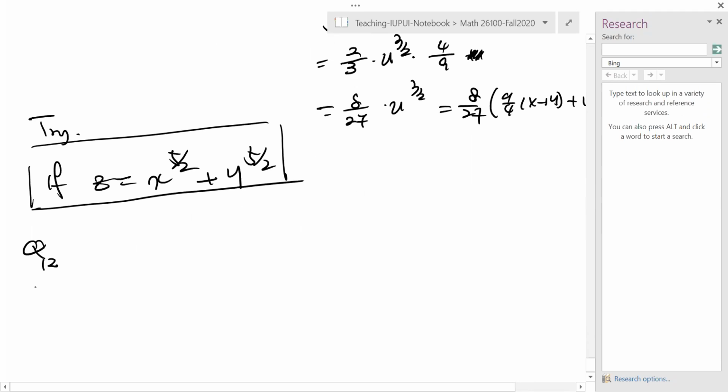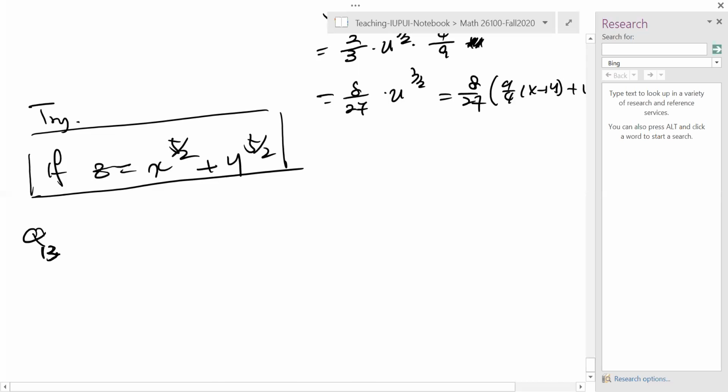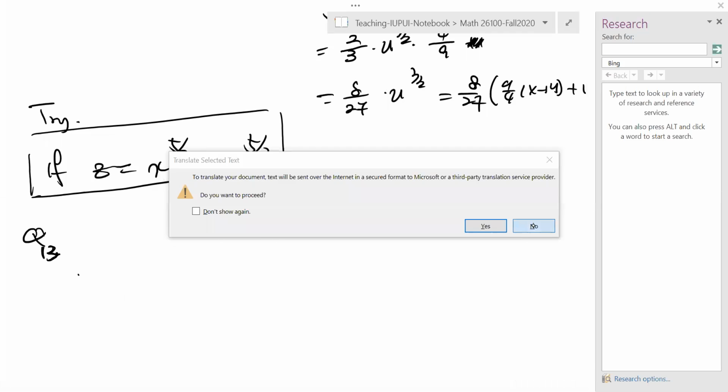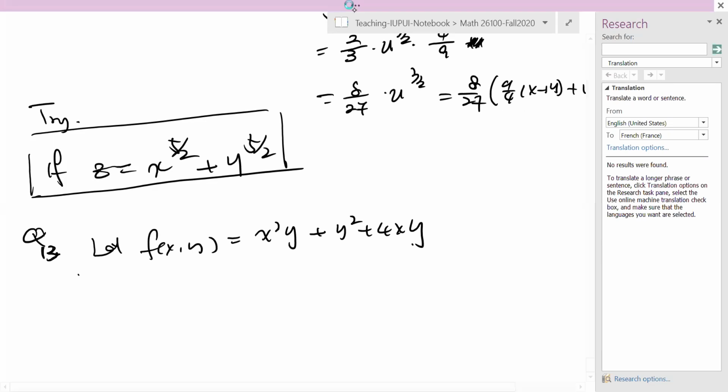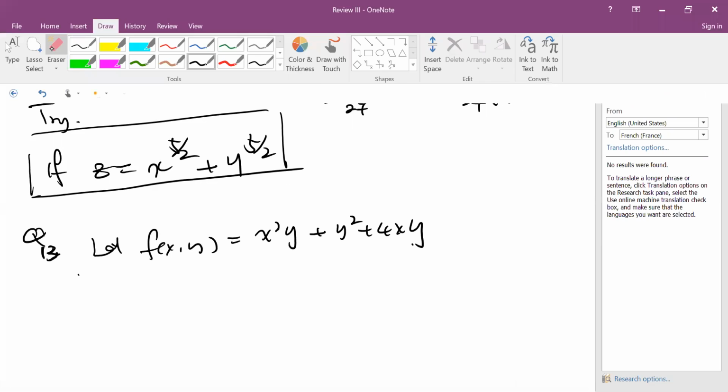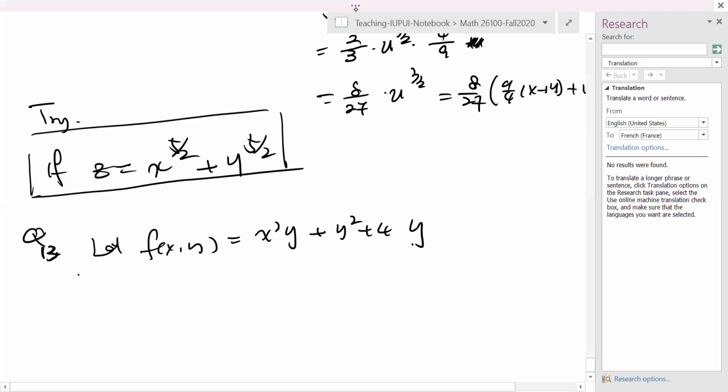I have to modify this sample exam problem. So we let the function be x squared y plus y squared plus 4y.